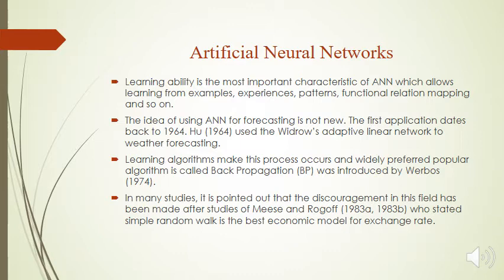Learning algorithms make this process occur, and a widely preferred popular algorithm is called backpropagation, which was introduced by Verbos in 1974. In many studies, it's pointed out that the discouragement in this field came after the studies of Meese and Rogoff in 1983, who stated that the simple random walk is the best economic model for exchange rates.